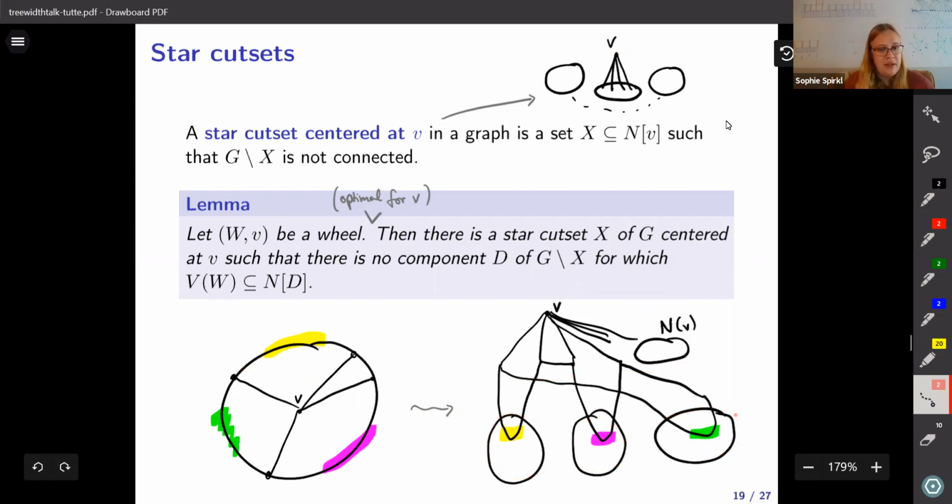And each of them actually only contains one of the green, pink, and yellow sets. So in particular, it breaks the graph apart.